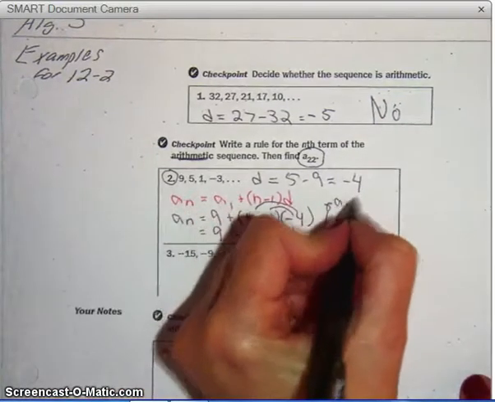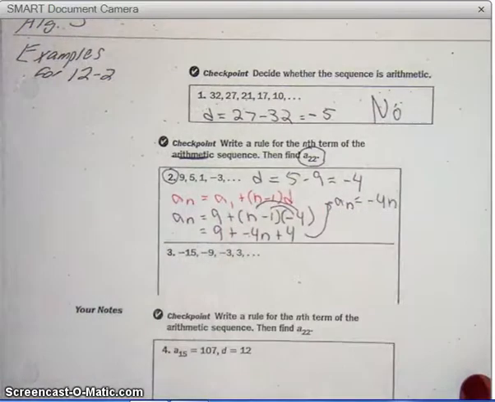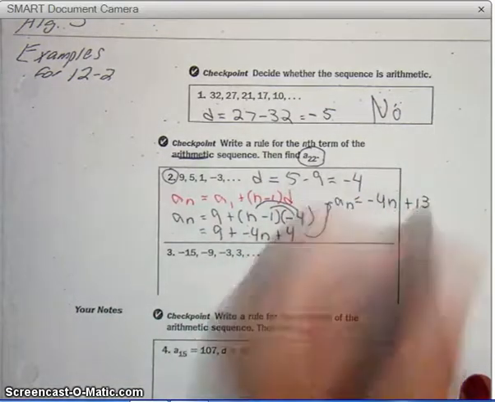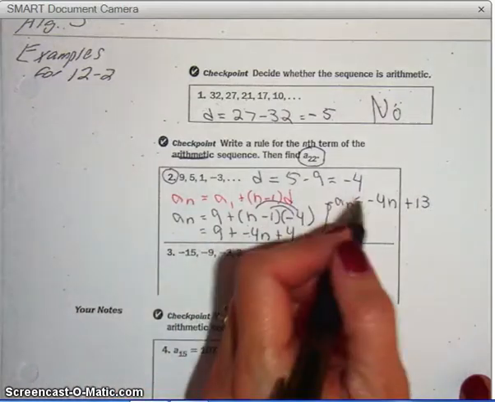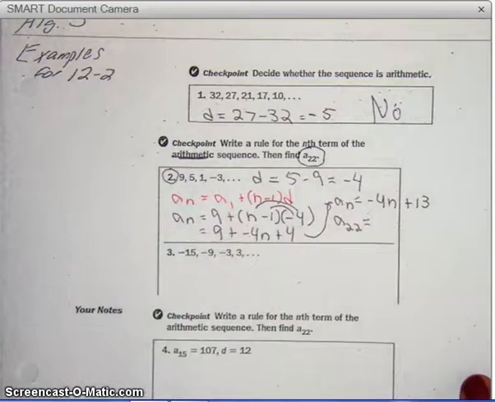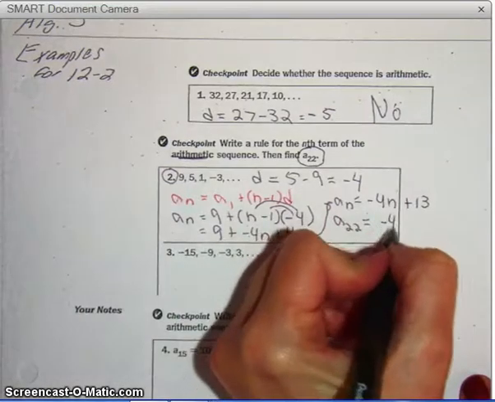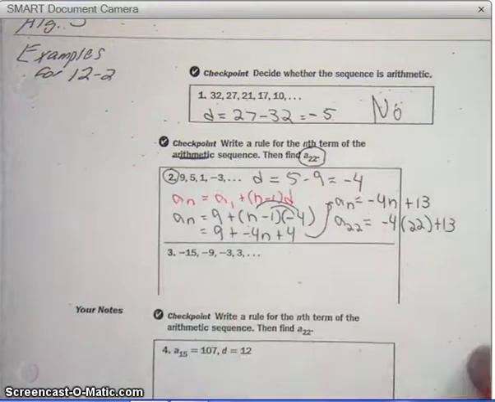So a sub n equals -4n. And then what, gang? Plus, careful, 9 and 4, 13. It's 9 and a positive 4. Careful. So that's the rule, and then they want you to find a sub 22. So that's -4 times 22 plus 13. Okay?